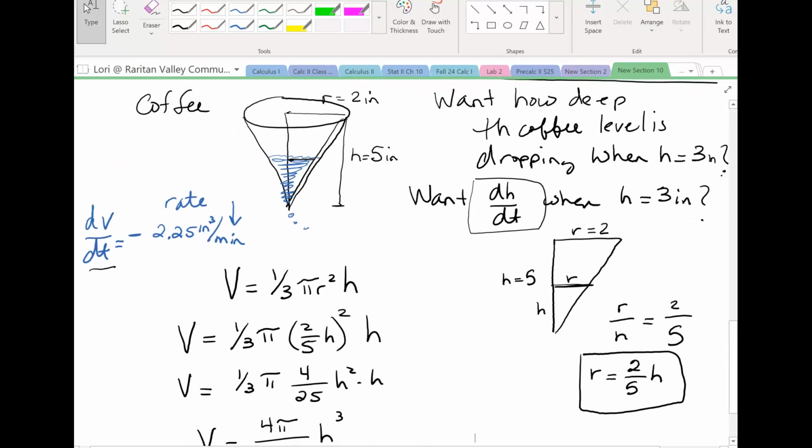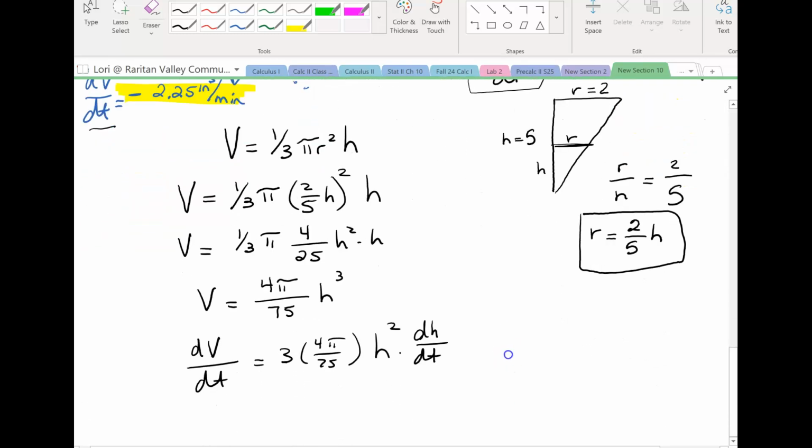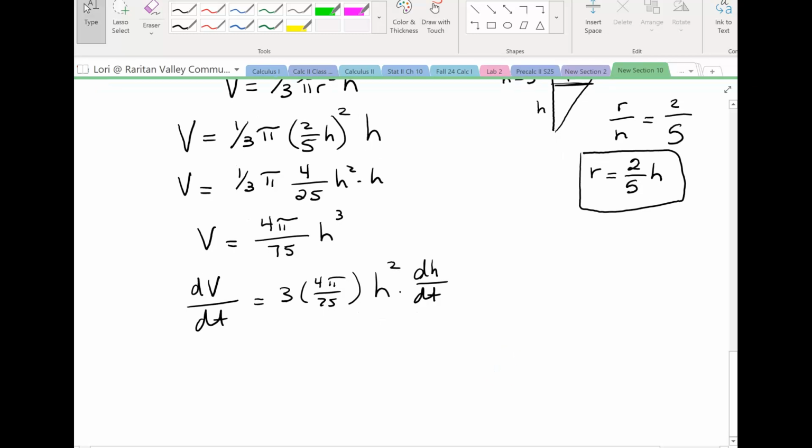Here's the thing though. We know what H is because we're doing this when H equals 3, and we know what dV dt is. It's negative 2.25 inches cubed per minute. So let's go ahead and fill that information in. And you can start to simplify this a little bit.